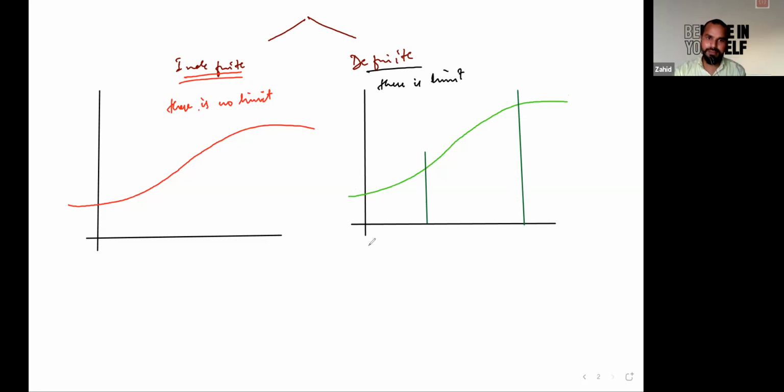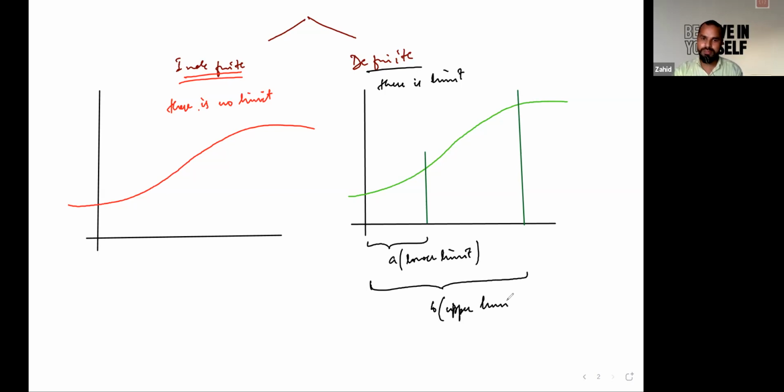So let's say this is the first coordinate, A, the lower limit, and this is B, the upper limit, or the final point to which we have to calculate the area.